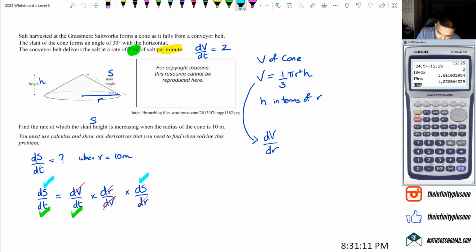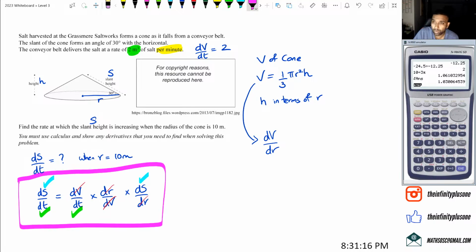Now, I know I might have gone a bit crazy here, but this stuff in the pink box is important because this is going to tell you all the things you need to create so you can actually solve ds dt. So I'm going to pause again and open the floor for questions, because this is possibly the trickiest part.